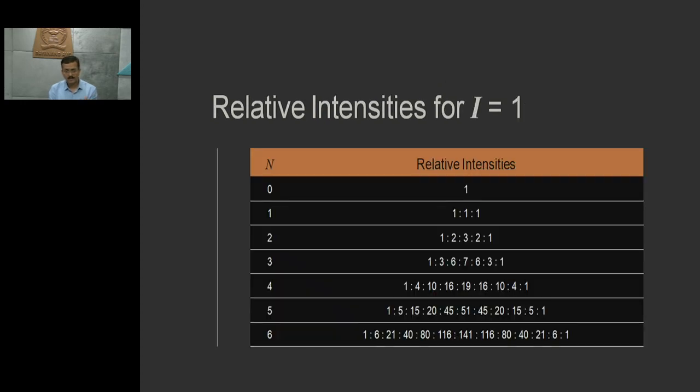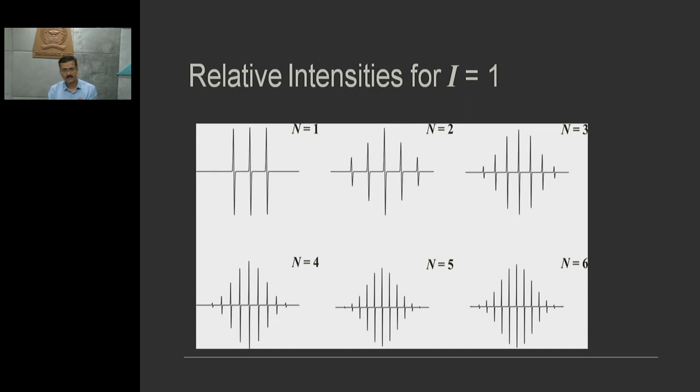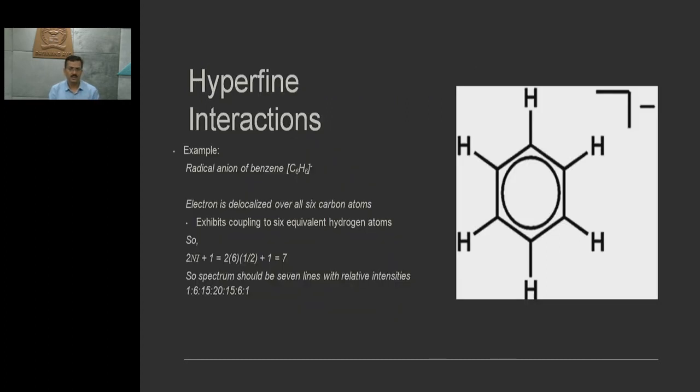When I is equal to 1, the intensity varies with respect to the n value, so that is a different case. When I is equal to 1 and n is equal to 1, 2nI plus 1, so 2 plus 1, it is 3 peaks. Like that we get how many peaks there are with respect to relative intensity. This is the simple way of calculation to understand.